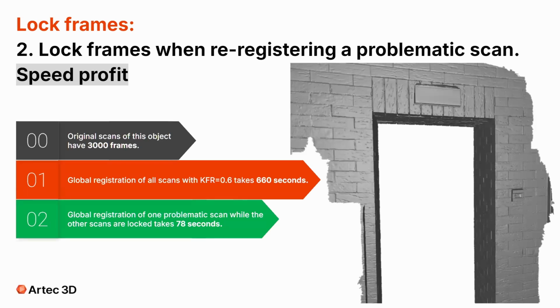The algorithm now only has to calculate the registration for that single scan against the locked anchor of the rest of the project. As you can see on the slide, it reduces the processing time to just 78 seconds. That is a massive speed profit, reducing your wait time by nearly 90% while ensuring the rest of your project stays exactly where it belongs.